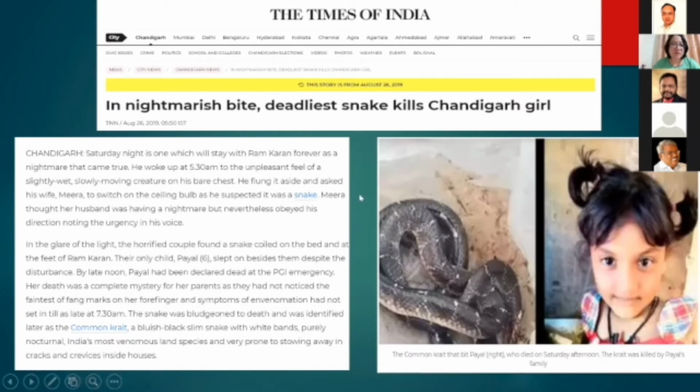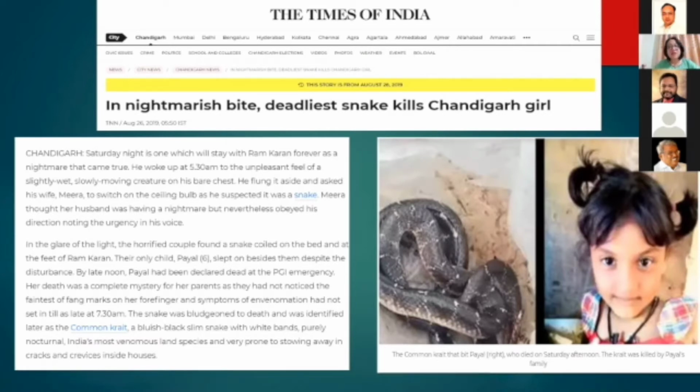They were horrified to see a snake coiled on the bed at the feet of Ram Karan. And this cute little girl, Payal, 6 years of age, had slept beside them without any kind of disturbance. It is sad to say that by late noon, she had been declared dead at the PGI emergency.